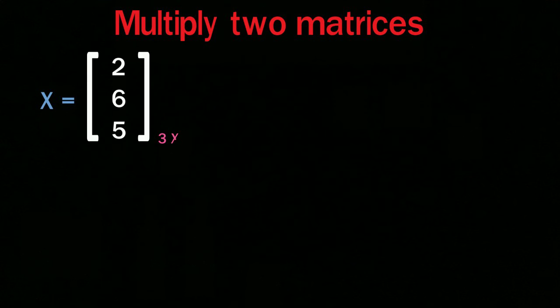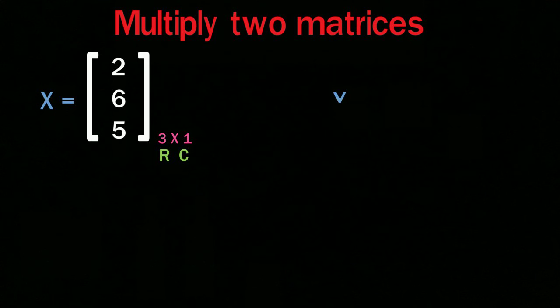Let's start off with the second example. Let's say we have matrix X, with elements 2 6 5. So this is a 3 by 1 matrix because it has 3 rows and 1 column.